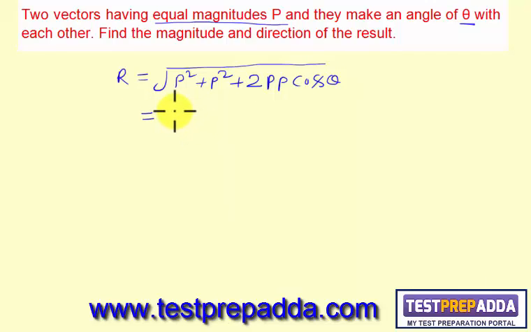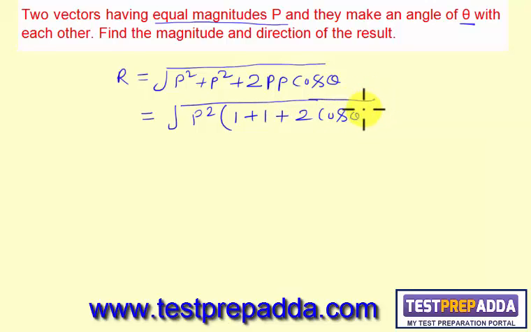Now if you solve, it will be P square common, 1 plus 1 plus 2 cos theta, which I can write as P square into 2 inside the bracket, 1 plus cos theta.